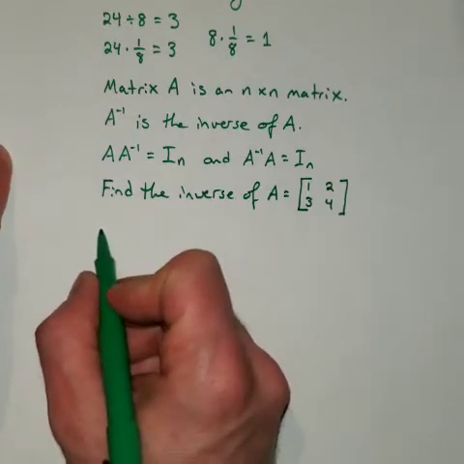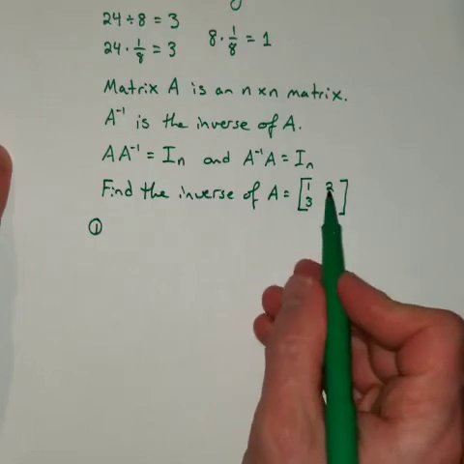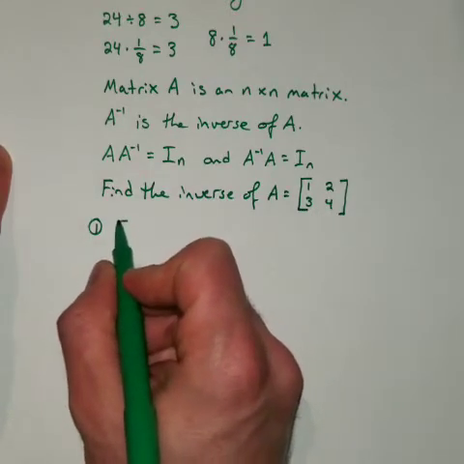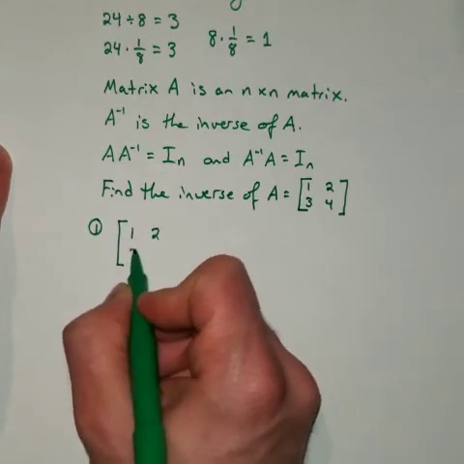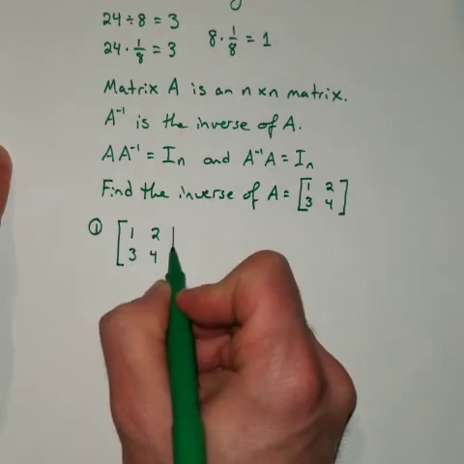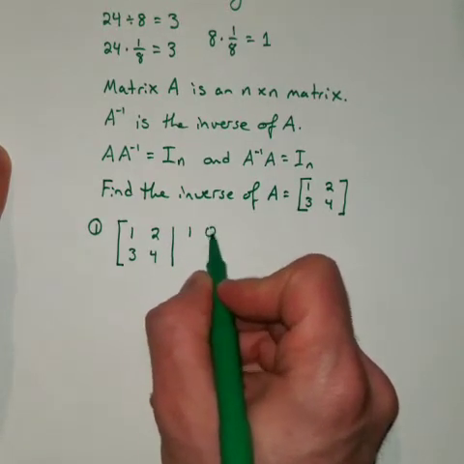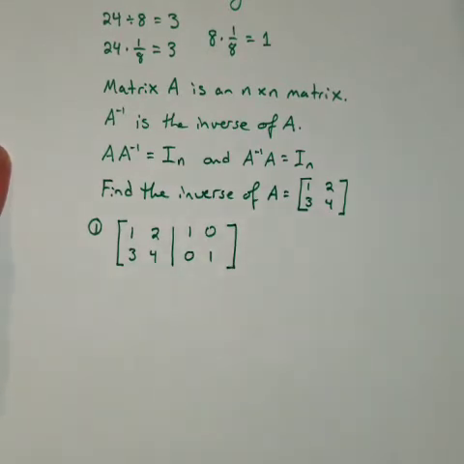So to do this, there are many different options. Okay, option number 1 is to take this matrix, use it as one part of an augmented matrix with the identity on the other side. So you essentially have two 2x2 matrices all crammed into one matrix.